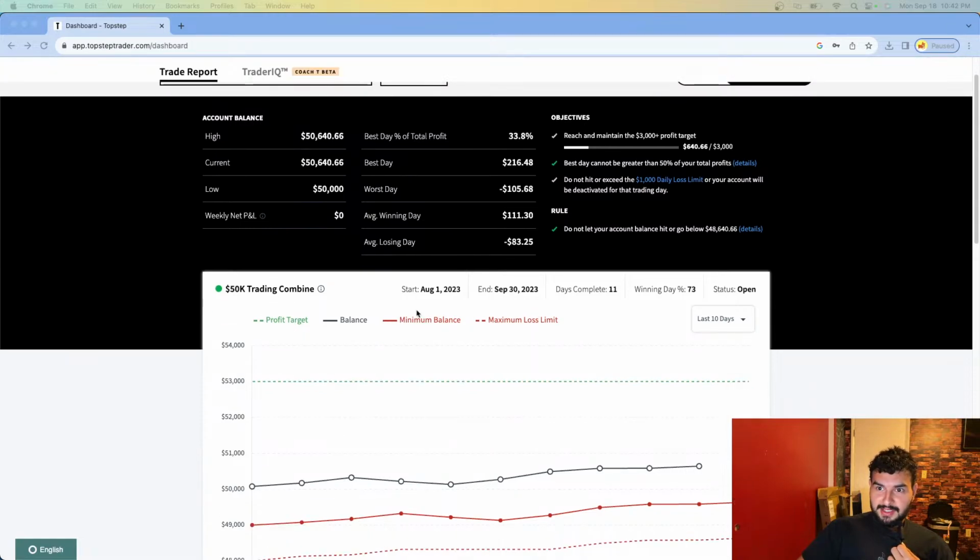My goal is to hit $3,000, and I've made $640. I've traded 11 days since I started this, at a 73% win rate.